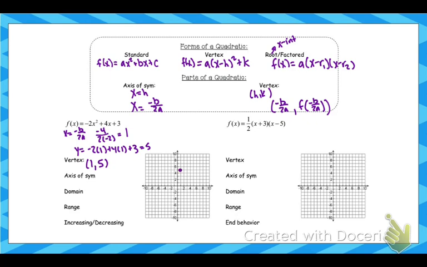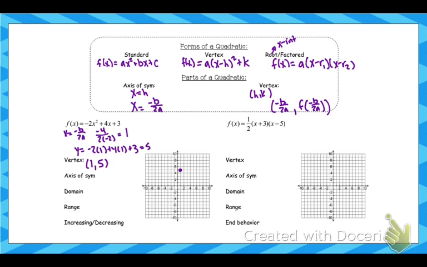So now, again, another reason why I kind of like that pattern method, we can do the same process in order to graph this function. Because what's nice, if you notice, that a value is what we use to adjust that pattern. That was our stretch, compression, or reflection. Well, that a is the same as this a. So if you look over here, that negative 2, this graph has been stretched by a factor of 2 and reflected over the x-axis. It's going to open down because of that negative.